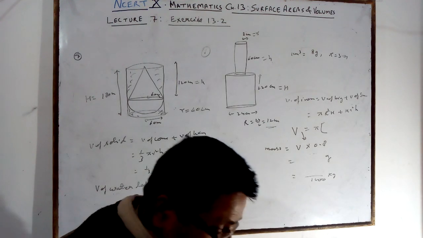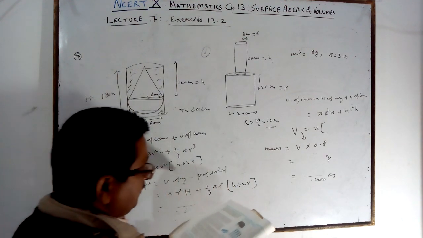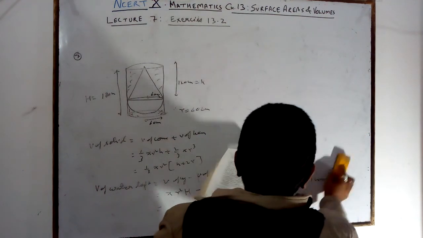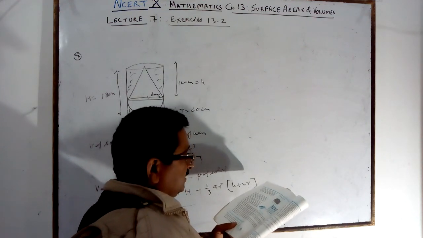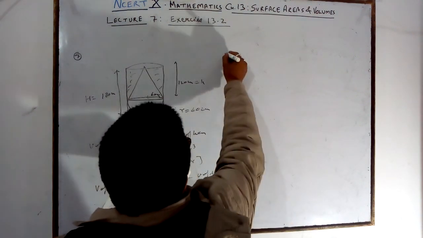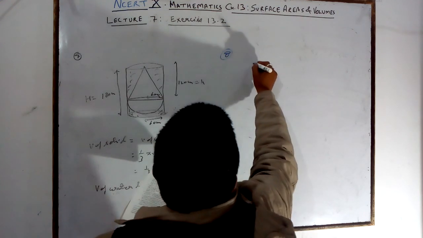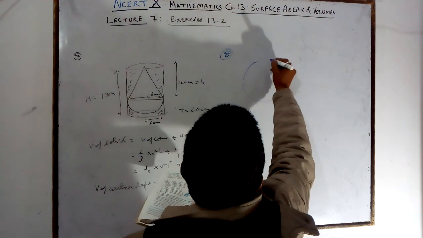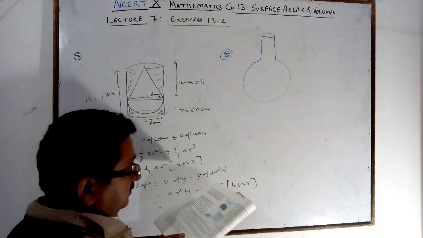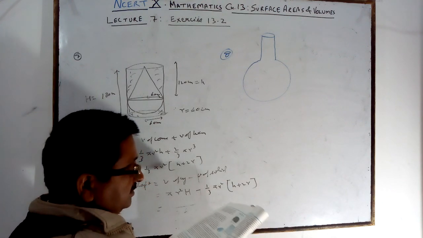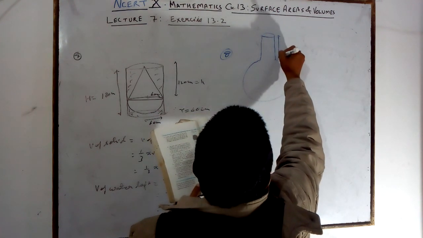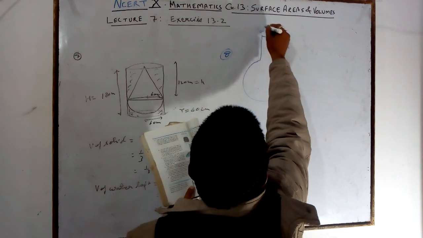Question number 8. A spherical glass vessel has a cylindrical neck, like a flask, 8 centimeter long and diameter 2 centimeter.